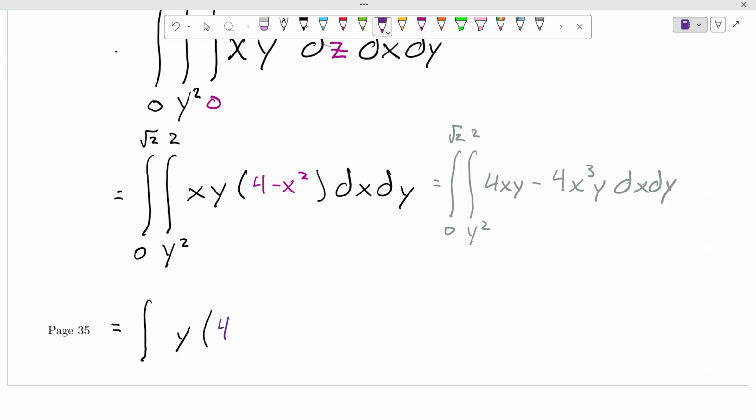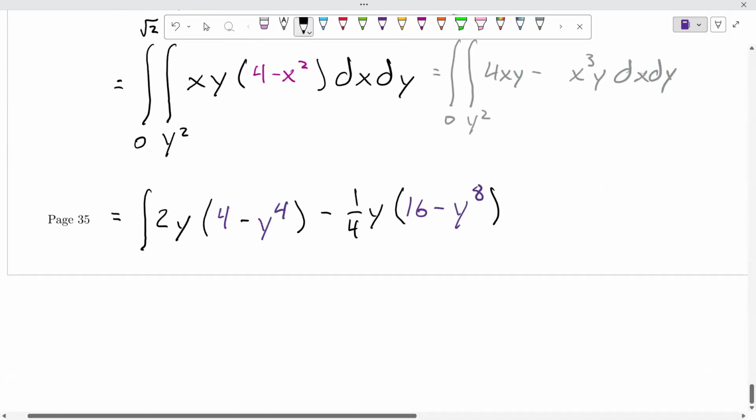Oh, and also it's not 4y, it'll be 4 over 2, so let's call that 2y. 2 squared is 4 minus y squared squared, which is y to the 4th, minus 1/4 y times x to the 4th power. So 4 to the 4th is 16 minus y to the eighth. This thing is becoming a mess real fast.